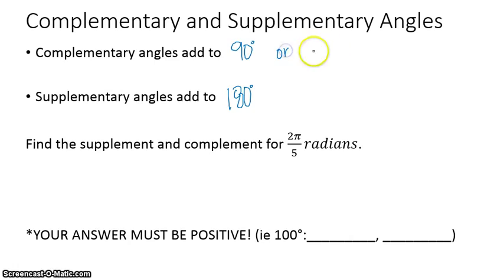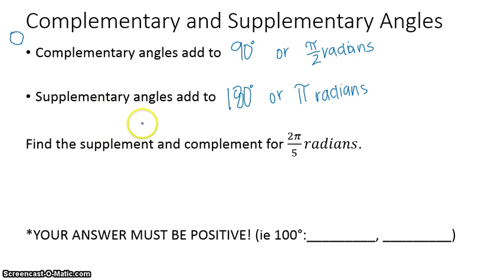So 90 degrees in radians, you can either do your conversion, multiply it by pi radians over 180, or think of that circle I showed you at the very beginning, where 90 is the same as pi over 2 radians. And 180 degrees is the same as pi radians. So that's what they add to for complementary and supplementary.